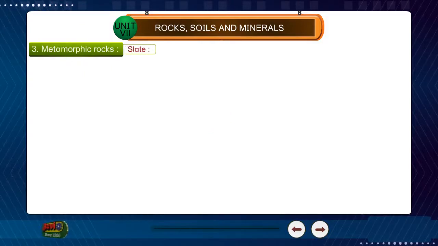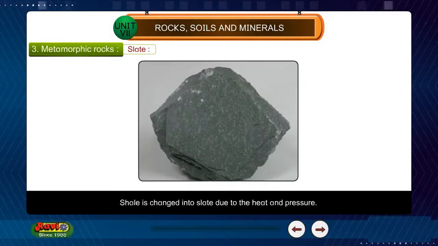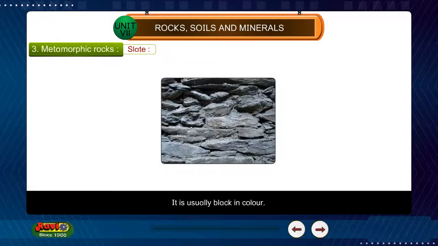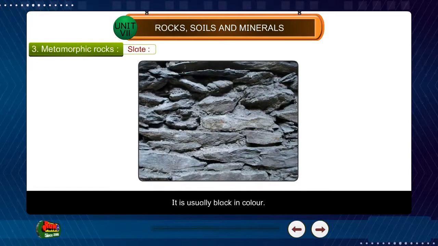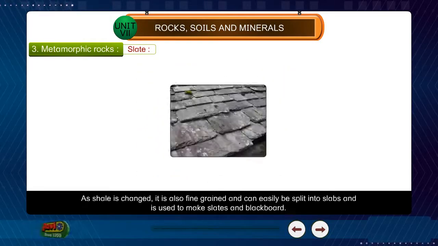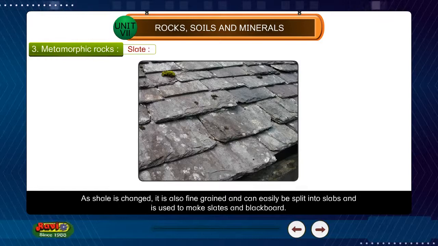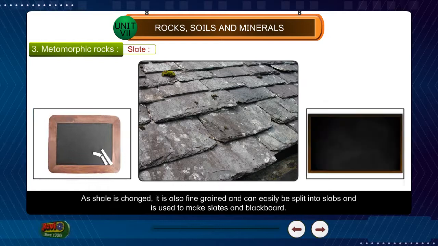Slate. Shale is changed into slate due to the heat and pressure. It is usually black in color. As shale is changed, it is also fine-grained and can easily be split into slabs and is used to make slates and blackboards.